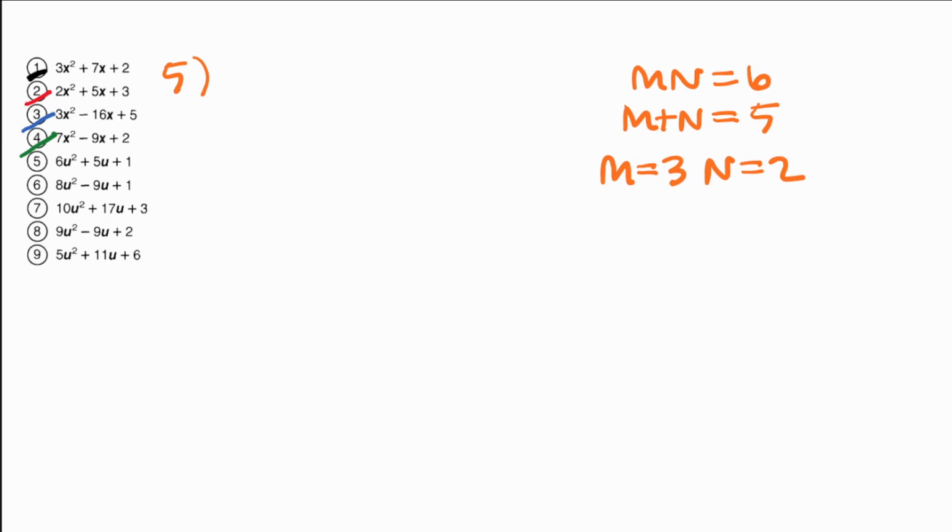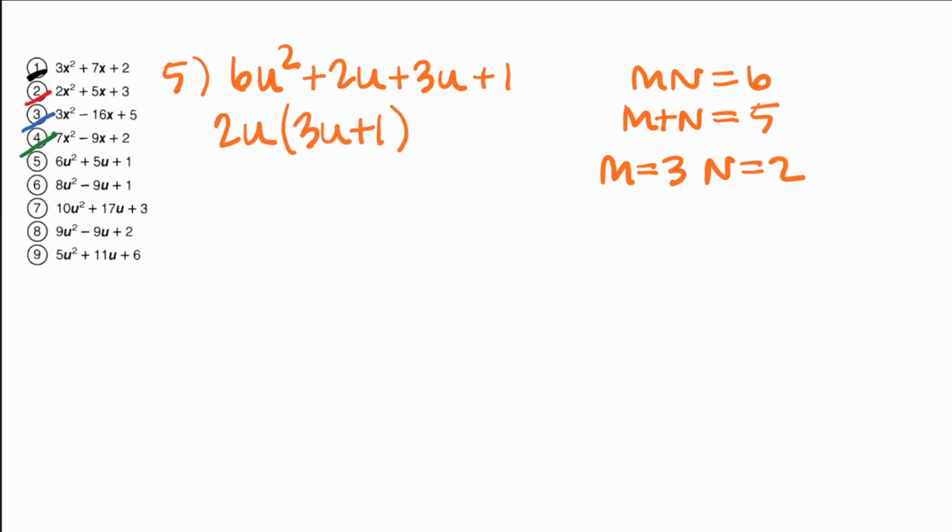I think it's going to be pretty similar either way. So 6u squared plus, maybe I'll do 2u, just to show you that it really doesn't matter, plus 3u plus 1. I'm going to say what's common to 6u squared and 2u, just the 2u. And I'll be left with 3u plus 1.